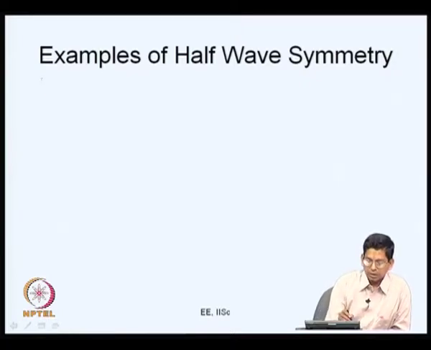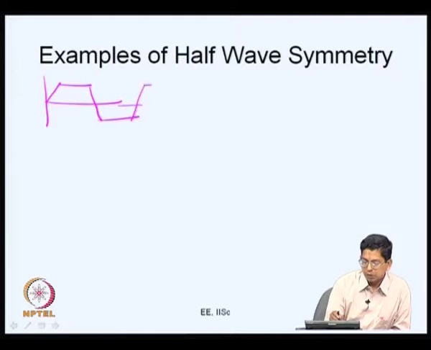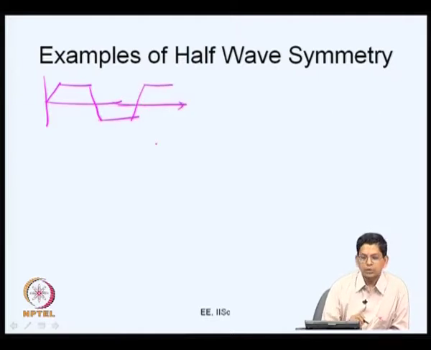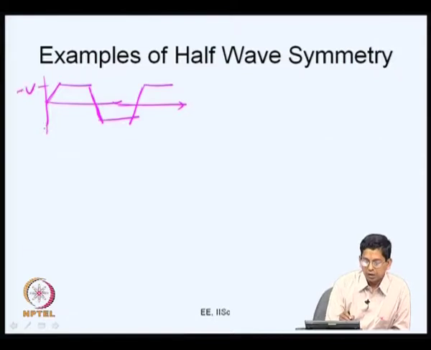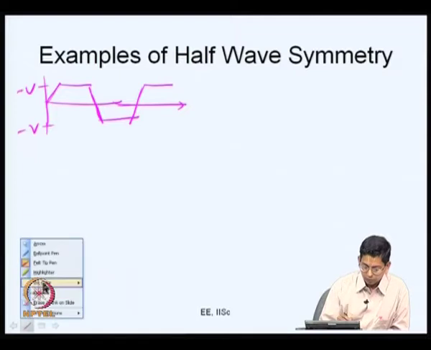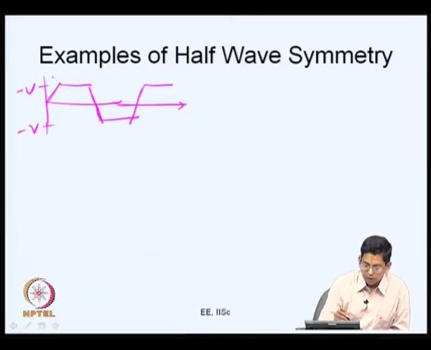Certain other examples, just arbitrary ones: let us say a trapezoidal wave. This waveform also has half wave symmetry. The slopes are actually equal, there are certain drawing inaccuracies, and it is some plus V and some minus V here. Whatever is the value at theta, the waveform has the negative at 180 plus theta.